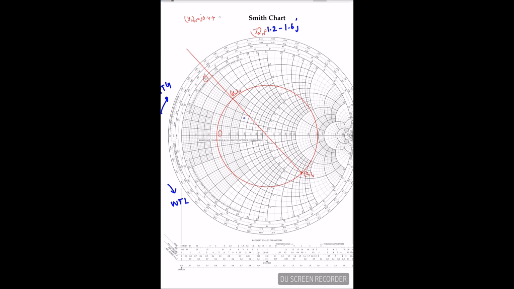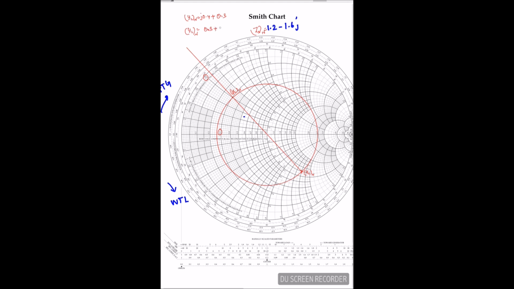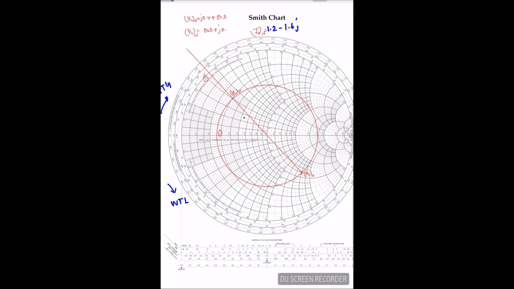So I can write YLN is nothing but 0.3 for the resistance, and j0.4 is my reactance. So that is exactly this point.